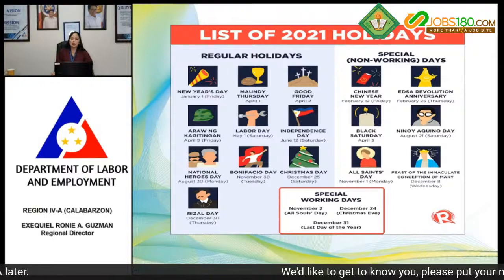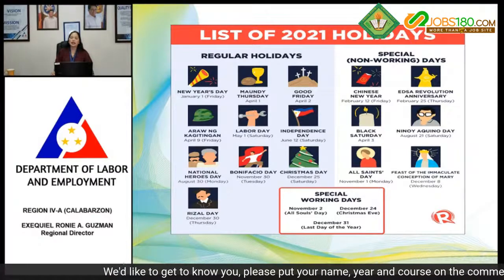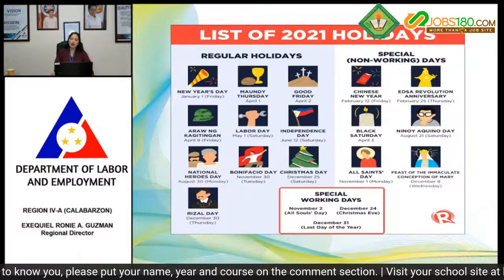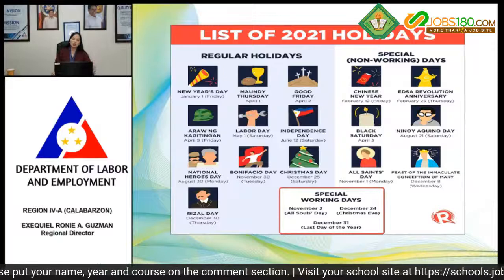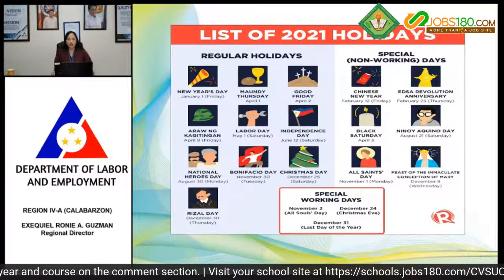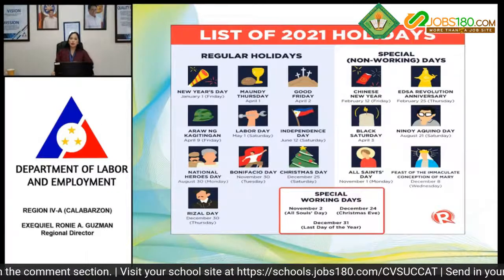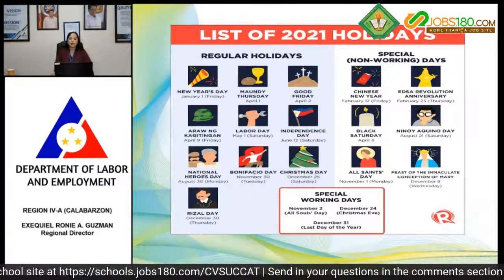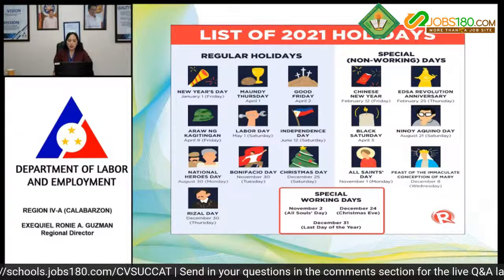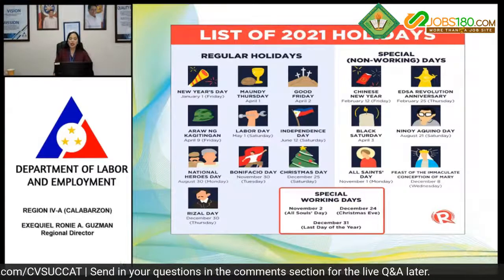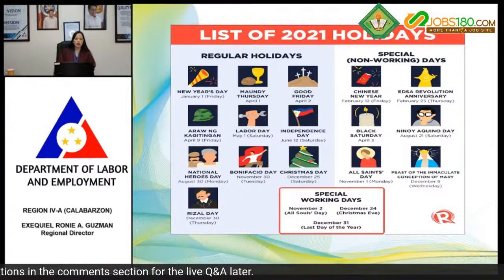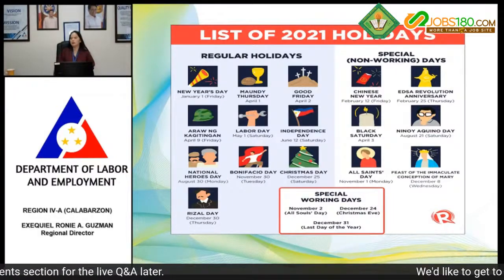April 9, dalawa po yun, ano po, Monday, Thursday, and Araw ng Kagitingan, May 1, June 12, August 31, last week po is November 30, which is the Bonifacio Day, December 25, these are the upcoming regular holidays, may dalawa pa po, ano po, so that is Christmas Day and Rizal Day. So, yun po yung ating mga holiday pay.